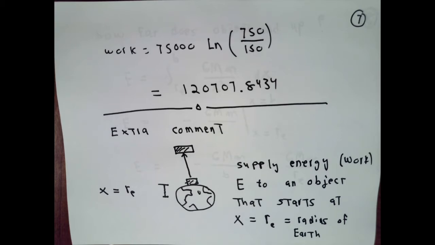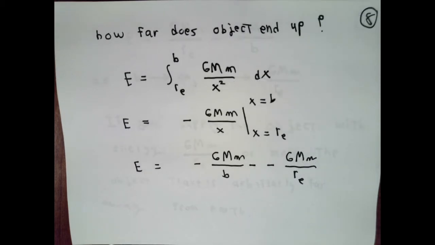We're going to move this object until it ends up being a distance b away from the center of the Earth, and I want to calculate the relationship between the ending distance b and the amount of energy that I supplied. The amount of energy, or work, is the integral of the force with respect to distance.